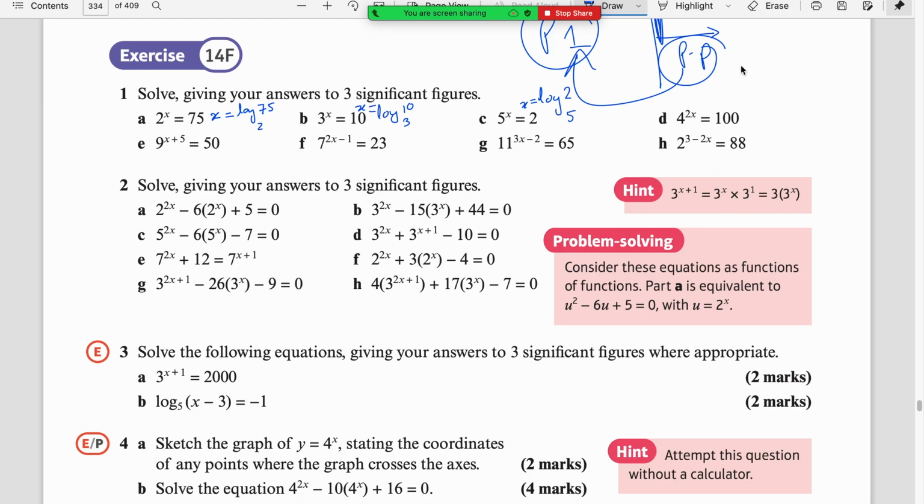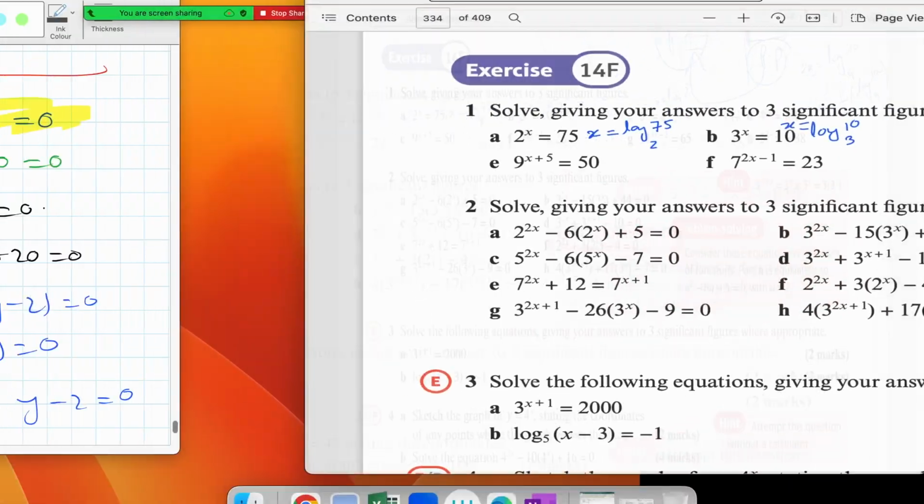D part is 2x is equal to log of 100 to base 4, first step, and second step we'll divide by 2 on the other side, so 1 by 2 log of 100 to base 4. Let's try a few examples from question 2.